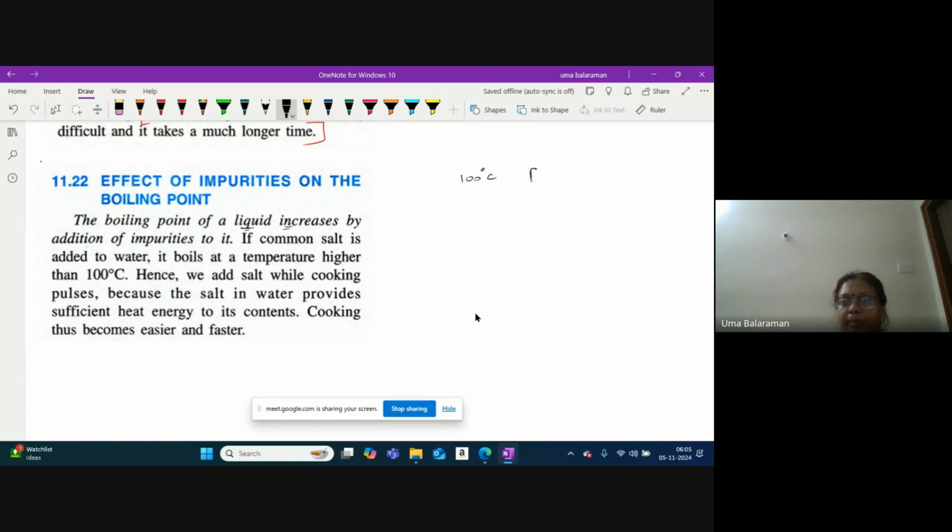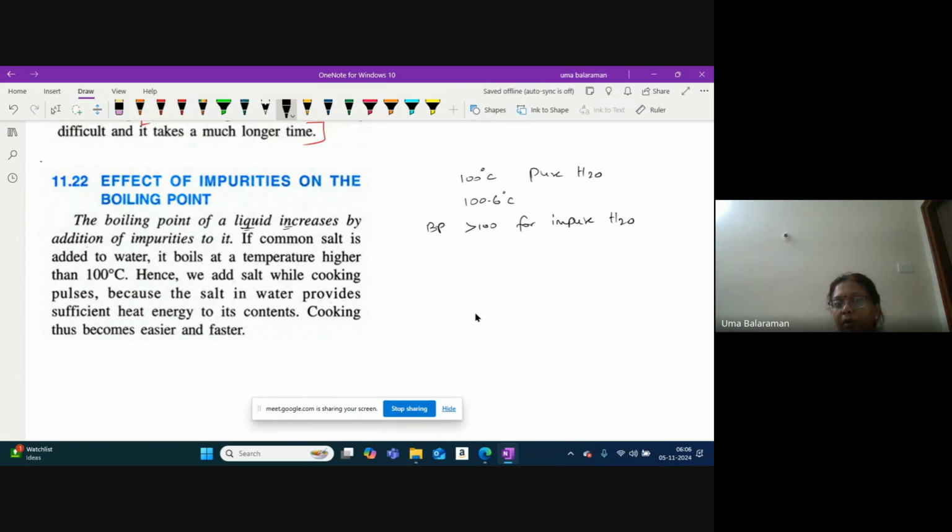So this is for pure, but it may be 100.6 degrees Celsius or greater than 100. Boiling point is greater than 100 for impure water. Impure water means addition of salt or minerals, anything.